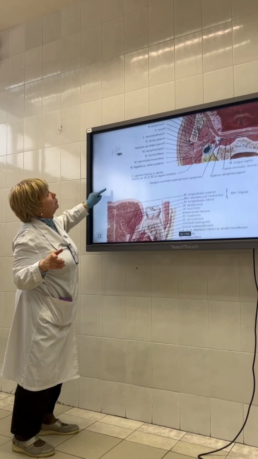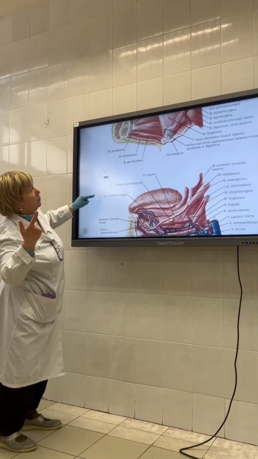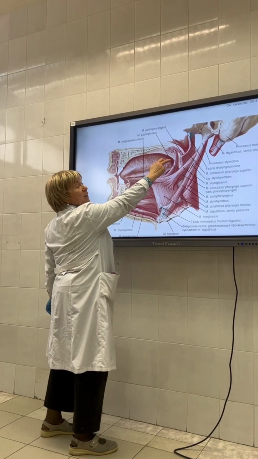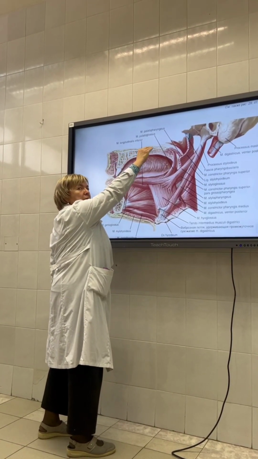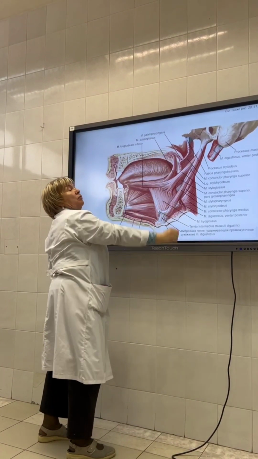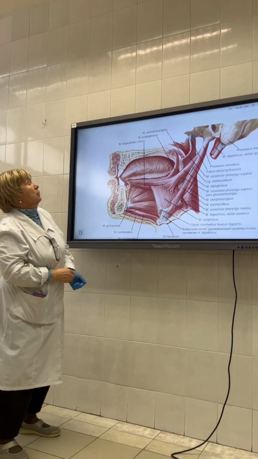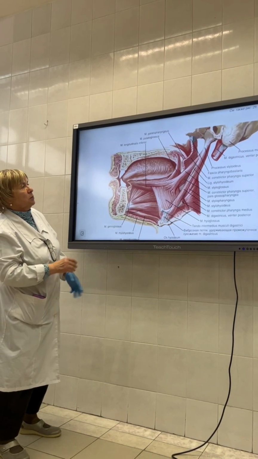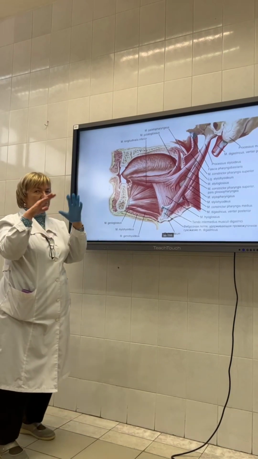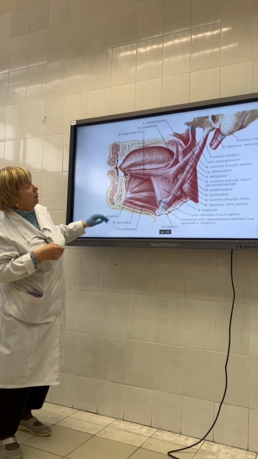And one more space is between the mucous coat of the palate and the bone plate, developed in the very back part. It is the palatal space, and inflammation from the upper back teeth spreads to this space. But it is enclosed. The palatal space doesn't connect with other spaces.